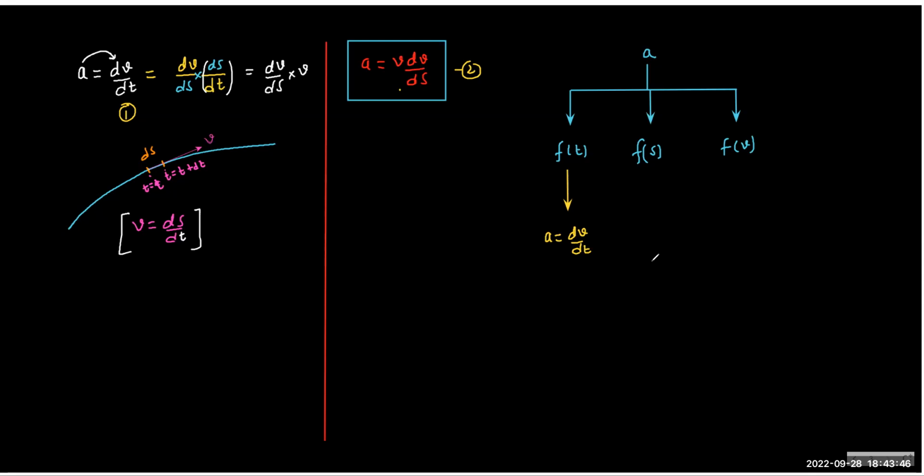Now, tell me, guys, if I have a function of position, what is the logical step to move? The first or the second? Second. So I will go with v dv by ds. See, we are making a logical decision.